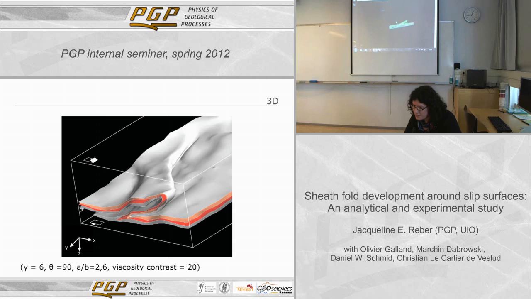So it's just the green surface is the one layer, and you see how the sheath fold would look in 3D. It's the actual reconstruction of the experiment. So that's a cool tool to play around with. So we should make a movie out of that.